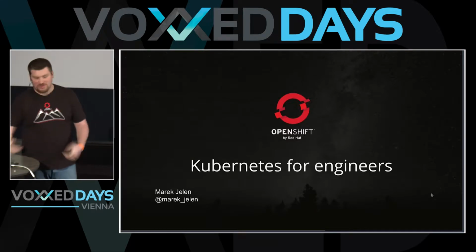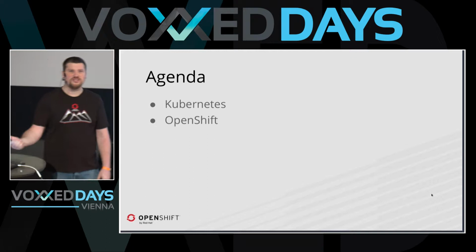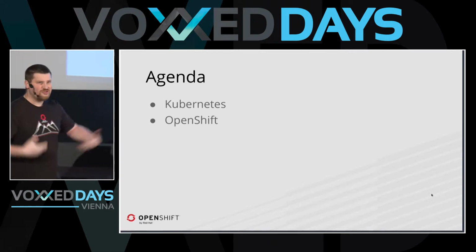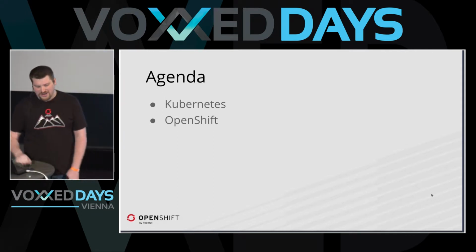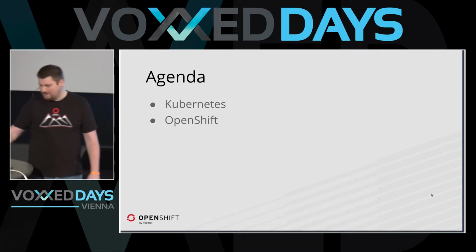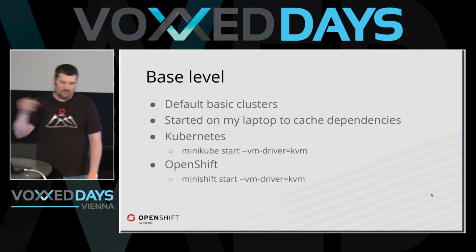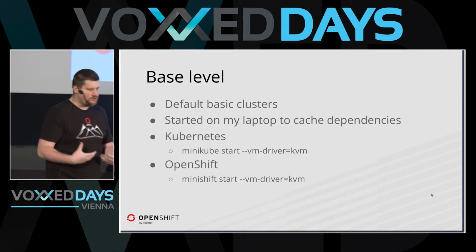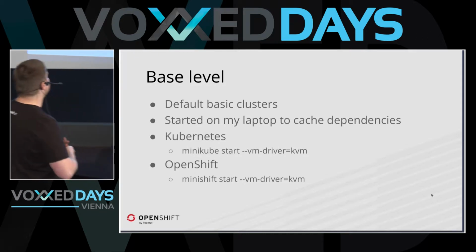Because every presentation should start with an agenda, my agenda is Kubernetes and OpenShift. So we have to give the formalities, everything that's supposed to be there. So first, something about Kubernetes. What I'm going to show you is how to use both of those technologies, Kubernetes and OpenShift.